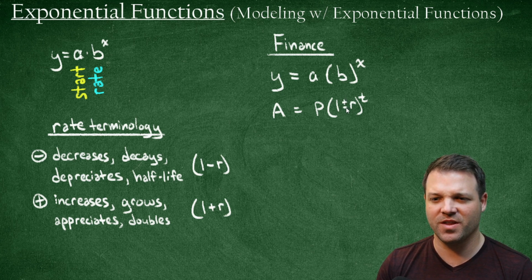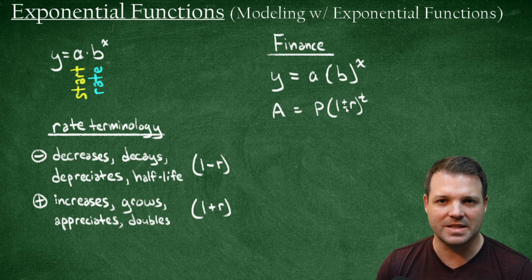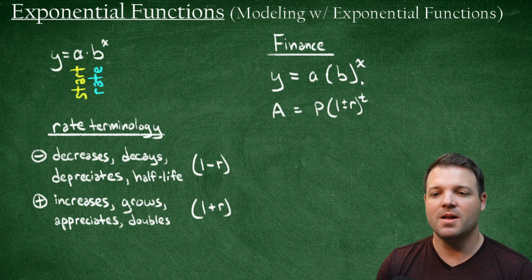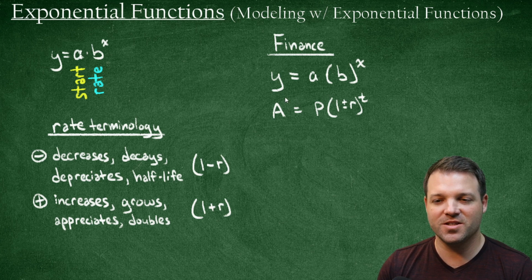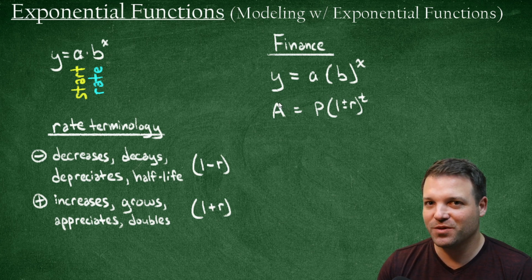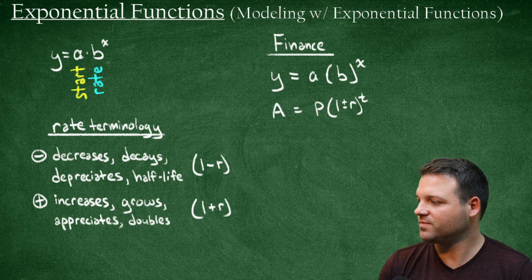The only reason they have plus or minus is because if it's growing, you should use the plus, and if it's decreasing, you should use the minus. Other than that, it's literally the exact same thing as the b. And in the finance world, we don't have an x, we have t for time. But literally, these are identical. They're just using different names for the variables.